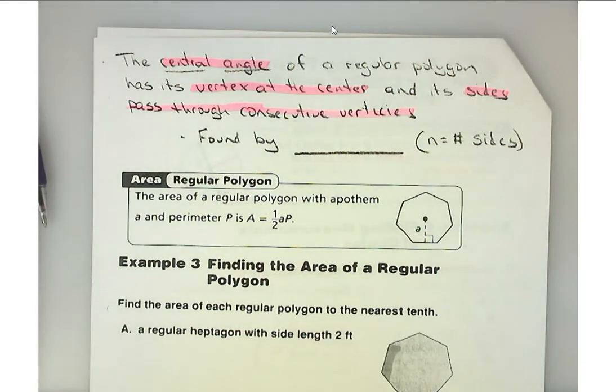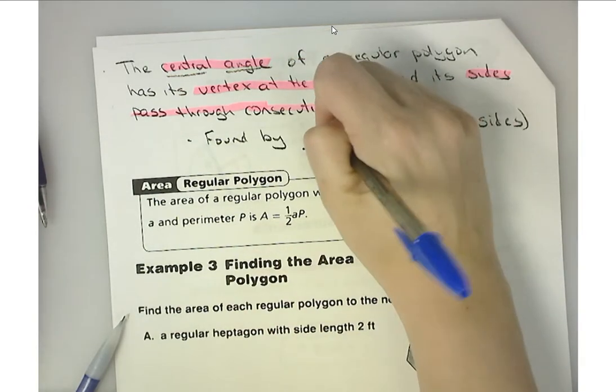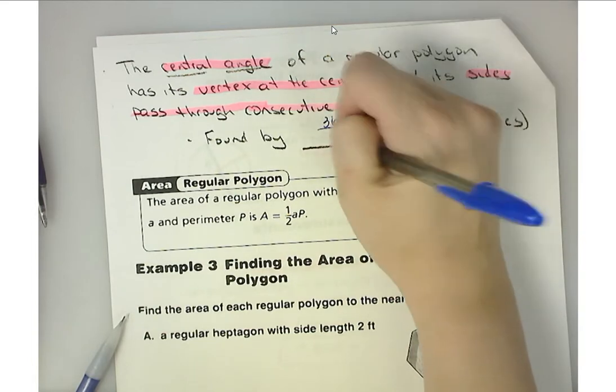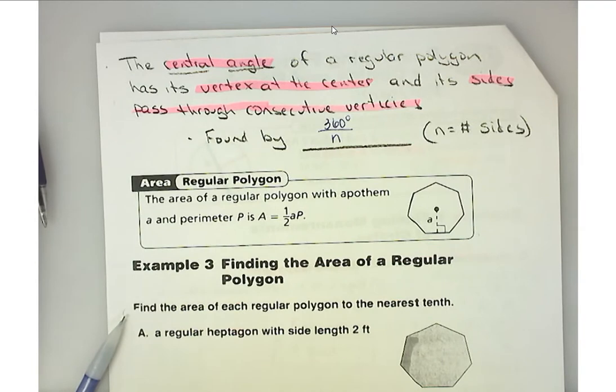And of course we'll draw another picture as well. Now to find out what the central angle is, you are going to take 360 degrees and divide that by n, where n is the number of sides.